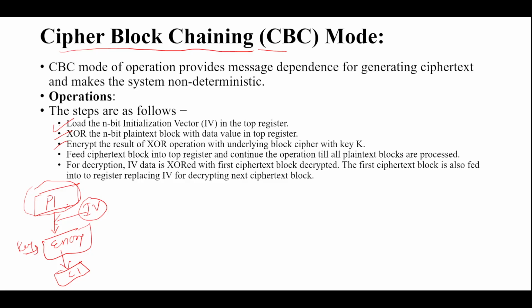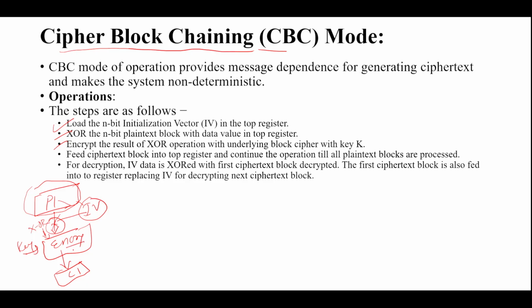This initialization vector and the first block of plaintext we XOR with each other. So the XOR function is used on plaintext 1 and the initialization vector, and whatever output the XOR generates will be used for encryption.